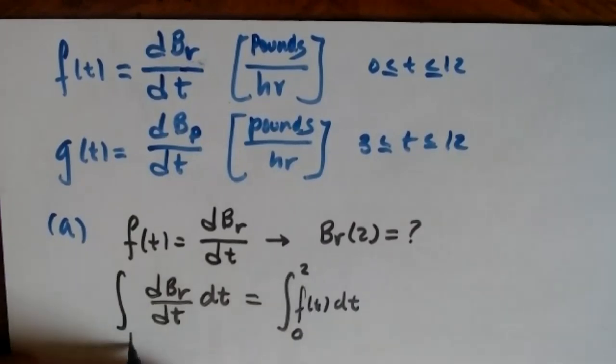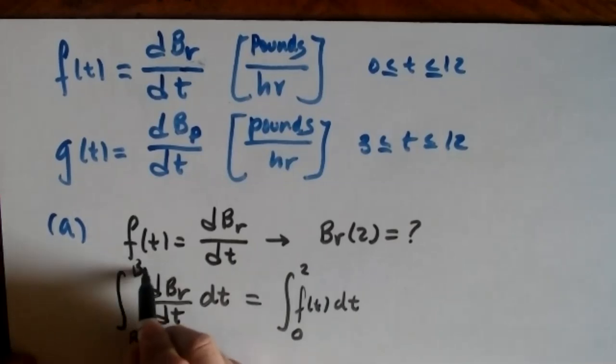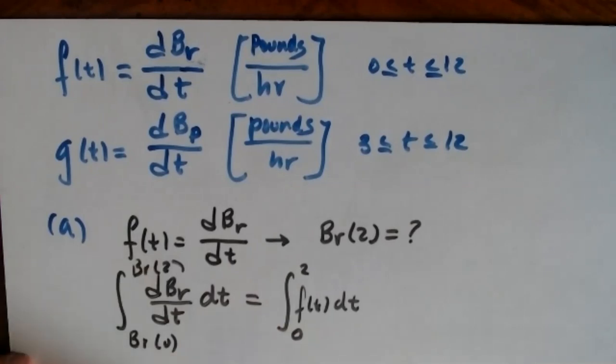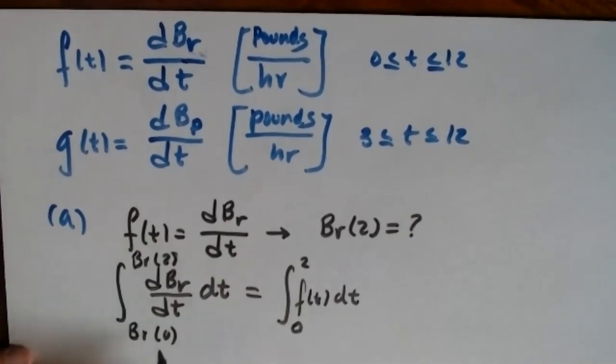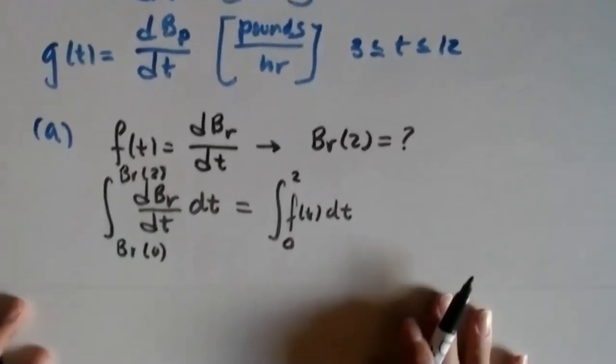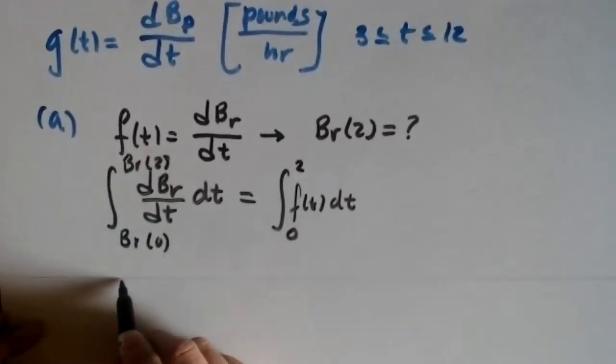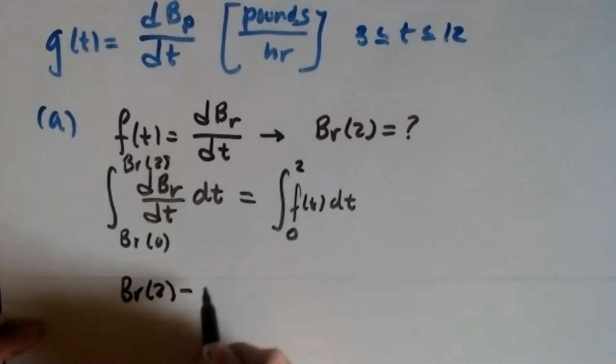And then this is going to be BR of 0 to BR of 2. So BR of 0 is the amount of bananas removed at the beginning of the day, and BR of 2 is the bananas removed after 2 hours. So simply, if we continue, this is going to be BR of 2 minus BR of 0.